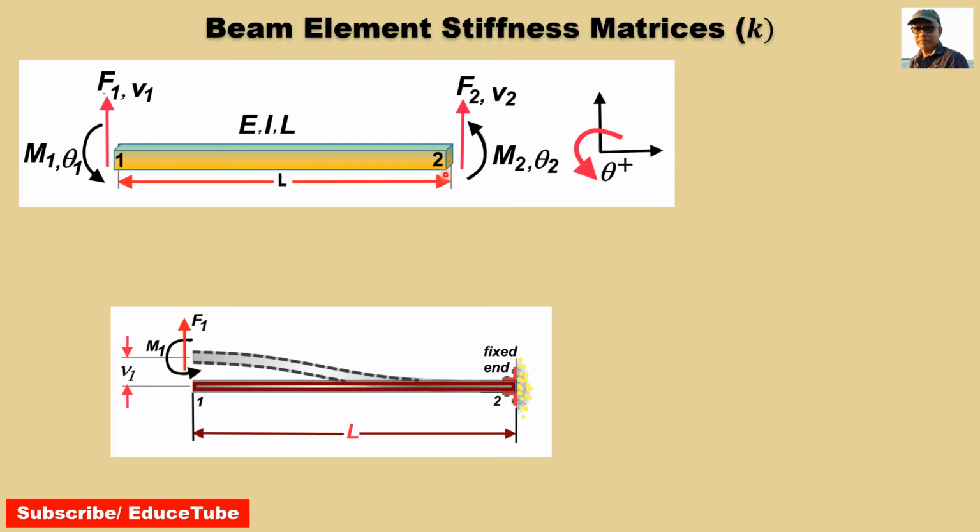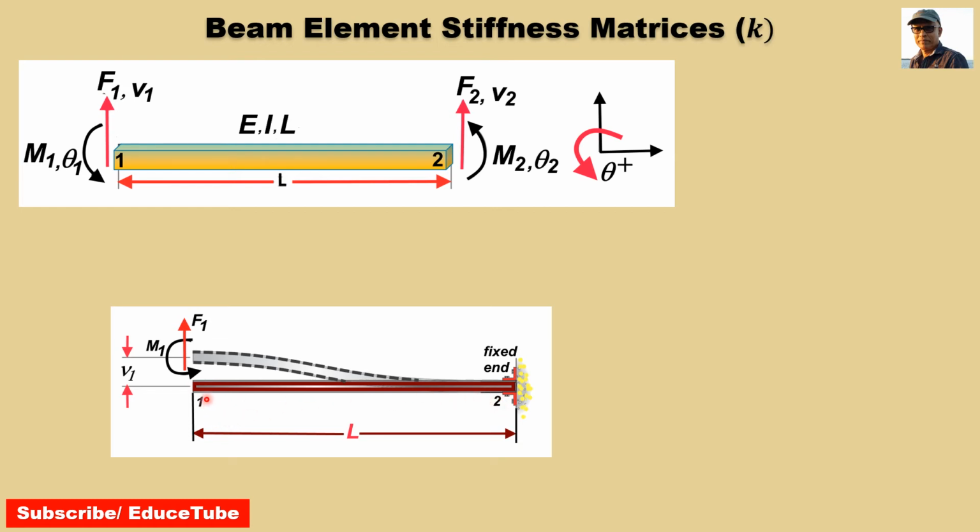And when we consider a single displacement component, in that situation it requires all other displacement components to be considered equal to 0. As an illustration, say this one. In this figure, here node 1 and node 2.